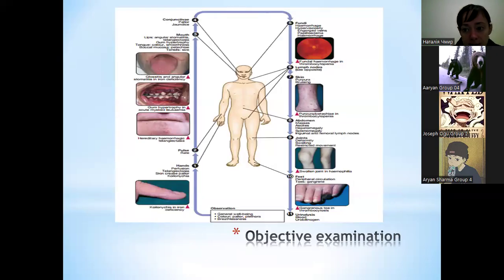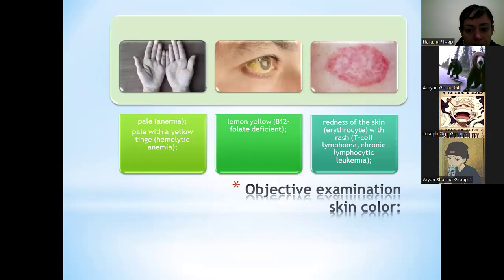Colleagues, here you can see the objective examination of the patient, the main features of objective signs, features of skin changes, mucous membrane changes, lower extremities, toes, fingers, changes of objective examination in patients with diseases of the blood system.